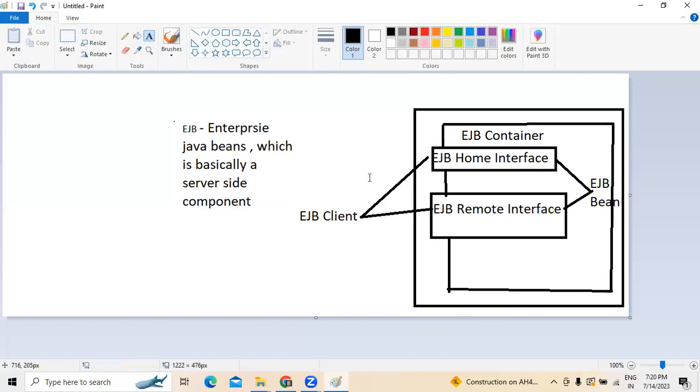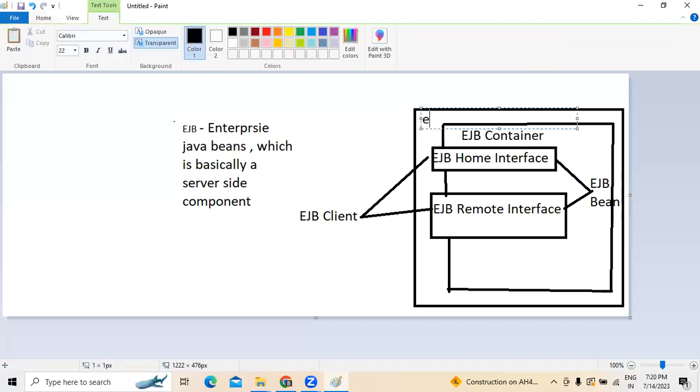So this is how it generally looks. At the same time, on a high-level note, if you can see here, this is where the EJB server comes in. This is what EJB is all about.